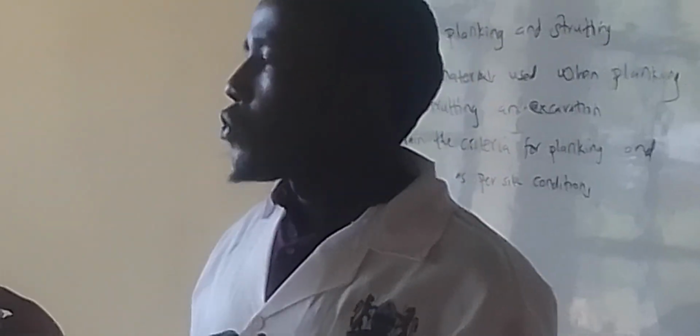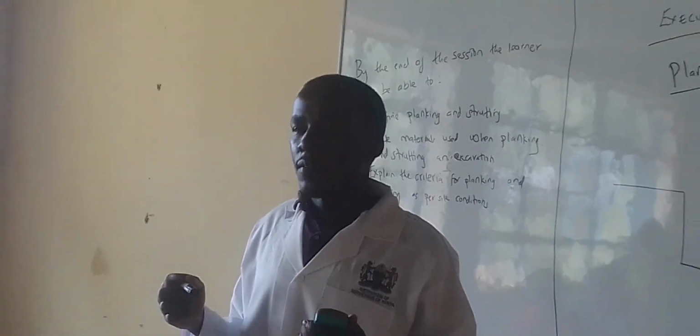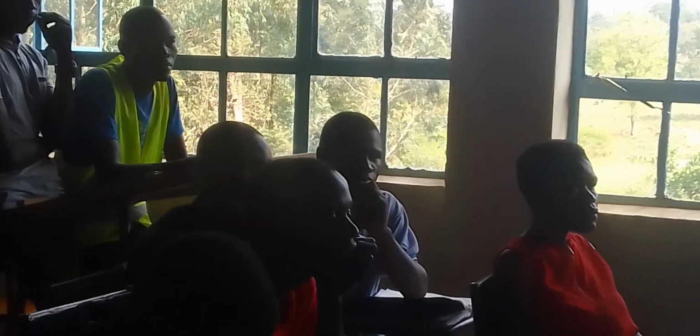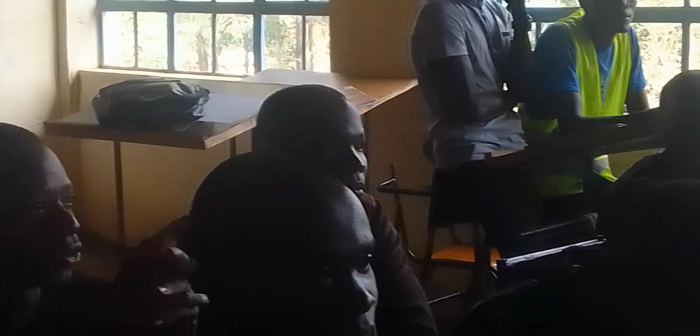The types of soil you can encounter on a site are loam soil, clay soil, sand soil, rocky soil, right? When you have these types of soils, they don't behave the same way. They behave differently.